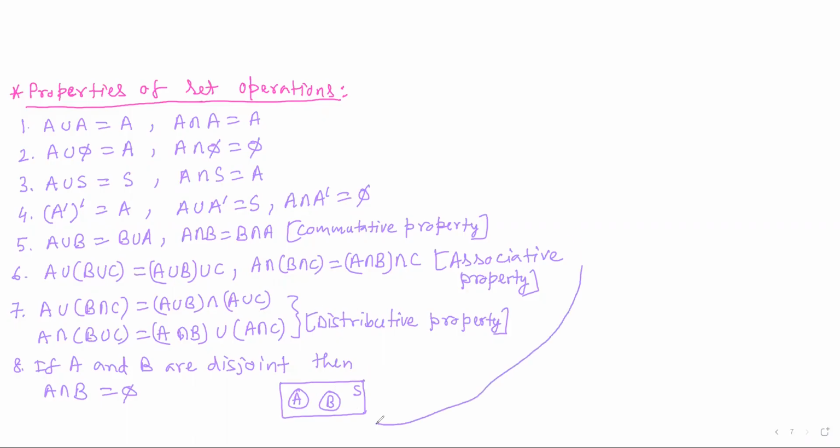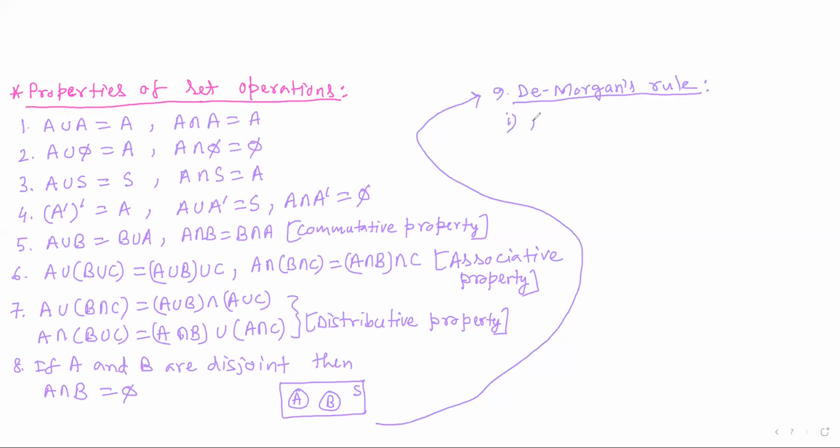Now I am coming to the next property, property number 9, and this property is called De Morgan's rule. This is a very important rule. There are two types of De Morgan's rule.